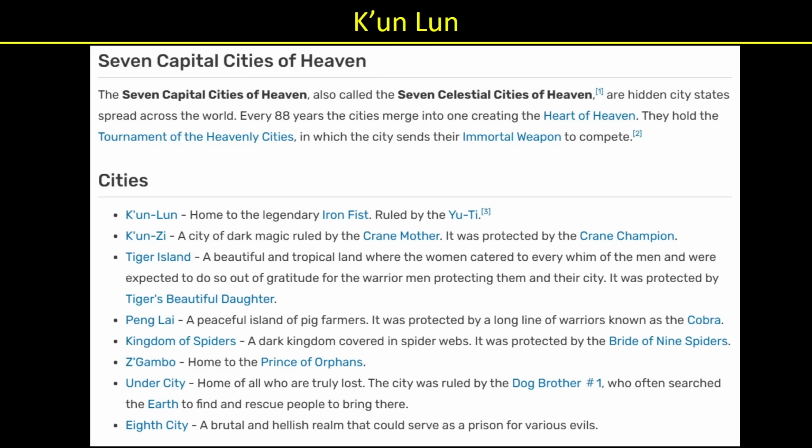Well, at least in the comics, the 7 capital cities of heaven, also called the 7 celestial cities of heaven, are hidden city-states spread across the world, and every 88 years the cities merge into one, creating the heart of heaven, and they hold a tournament of heavenly cities in which the city sends their immortal weapon to compete. And you can look down below and see the 7, although it actually turns out 8 cities. So I don't think Marvel's going to go any further with any of this, but still, this theoretically is the lore behind those 7 cities of heaven.